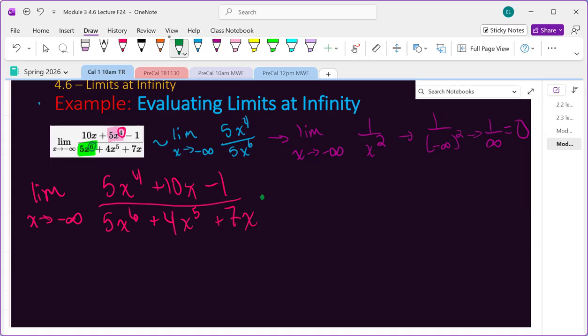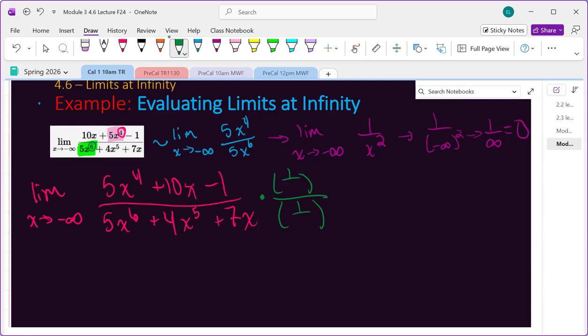So here we're going to do the same thing we did on the previous one. We're going to multiply by a weird looking form of 1. The power we want to choose, though, doesn't make too much difference if you pick the biggest power overall or just the biggest power on top.